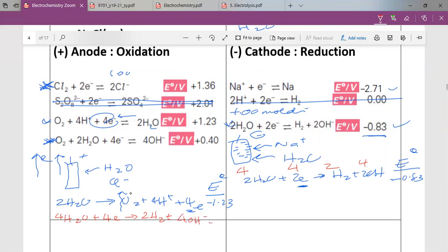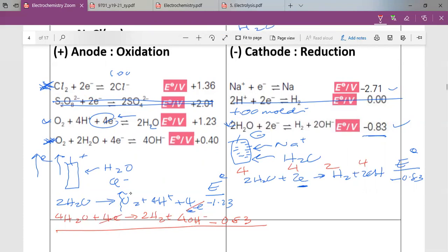So the E cell here is minus 0.83. Okay, so the whole thing here, all right, together now, H2, 4 electrons here. Something is missing.